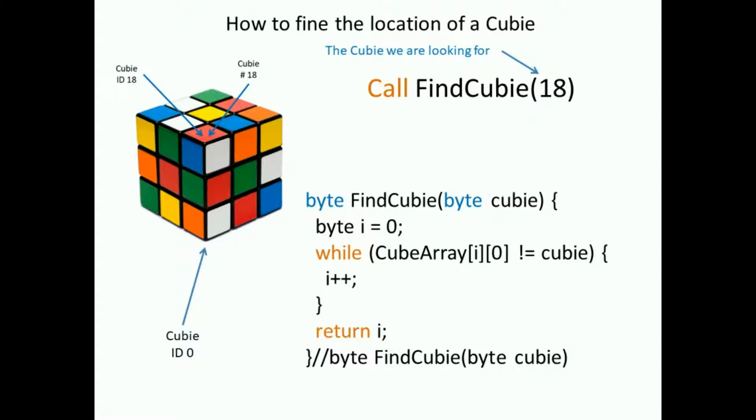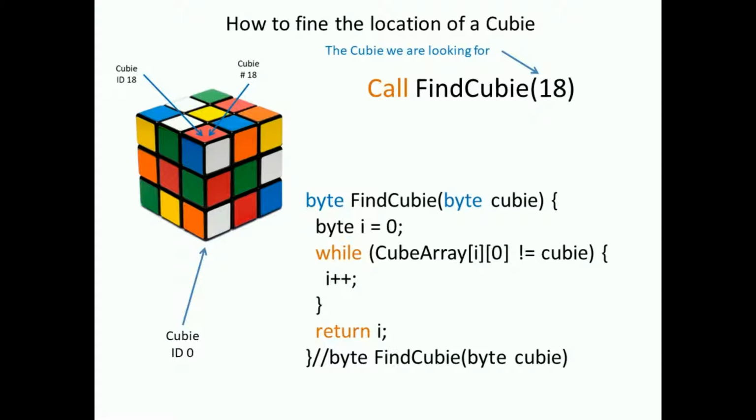Now a while statement will continue forever or until the condition becomes true. So what we're saying here is while cubie array 0, 0 is not equal to cubie, increment I. And this will continue on until such time as the statement becomes true.